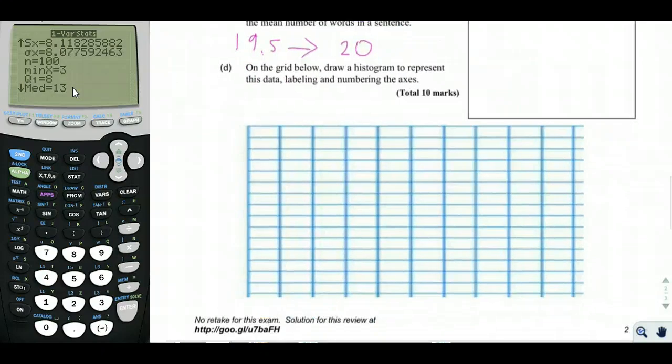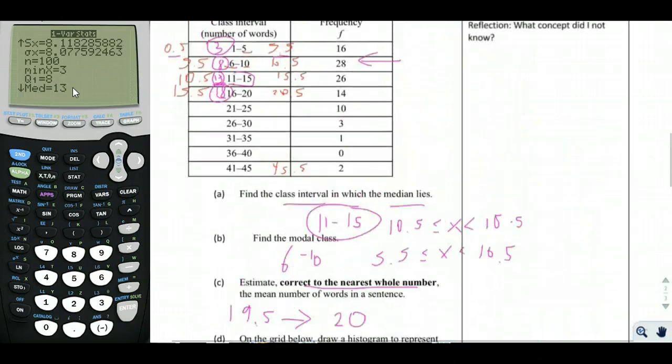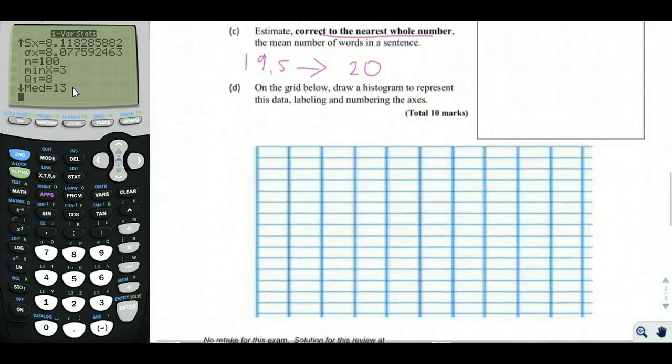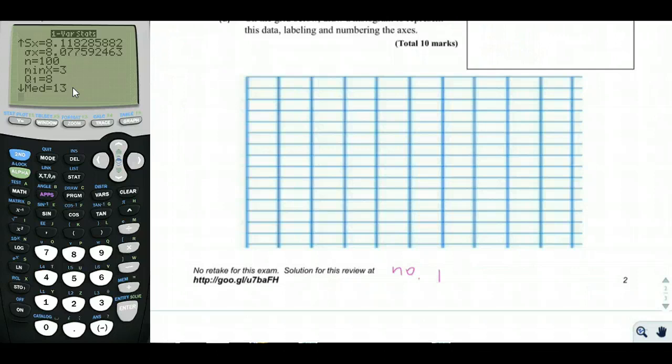And then finally, we're going to make the graph for this. And remember, we want to label the x and the y-axis. The x-axis is going to be labeled as class interval for number of words, and the y-axis is going to be frequency. So at the bottom, we're going to put number of words, and on the vertical axis, we're going to put frequency.